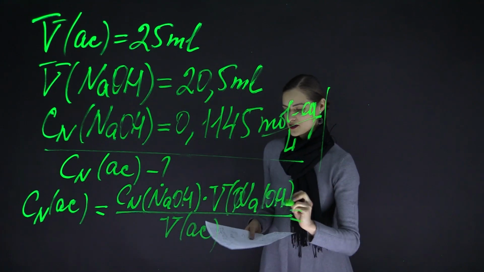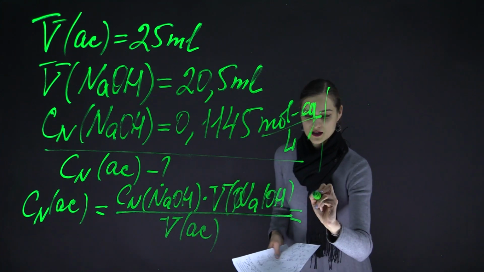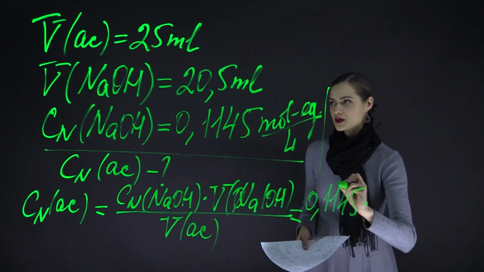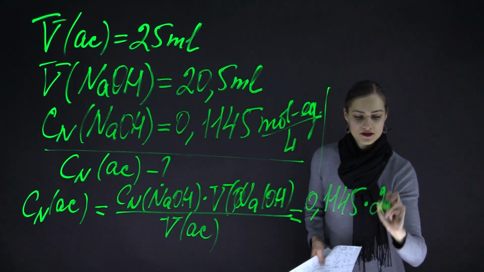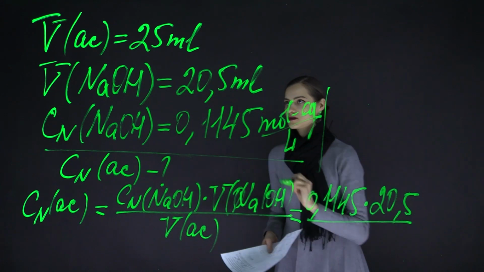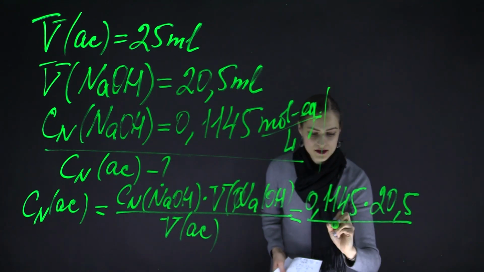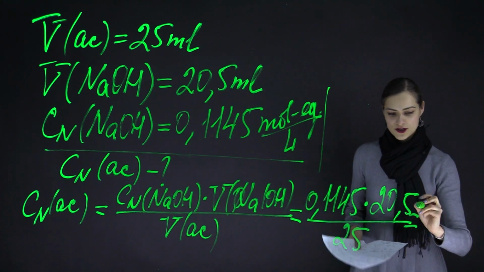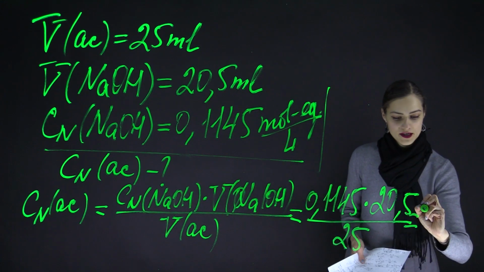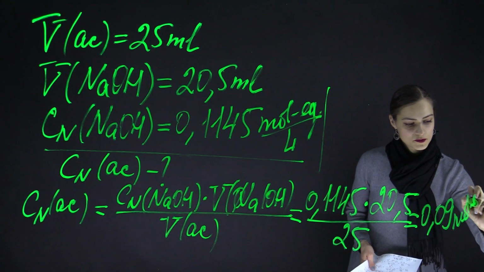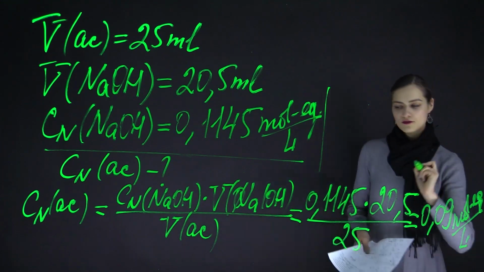So in our situation, 0.145 multiplied by the volume of sodium hydroxide, 20.5, and the volume of acid, 25 milliliters. So the normal concentration of the acid is 0.09 mole equivalents in 1 liter of solution.